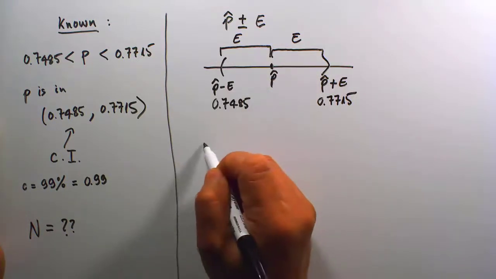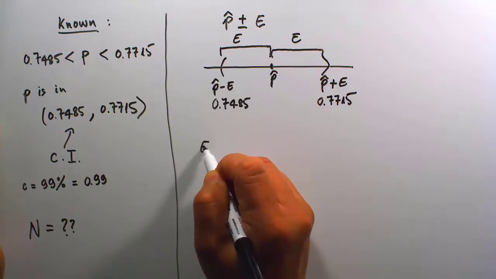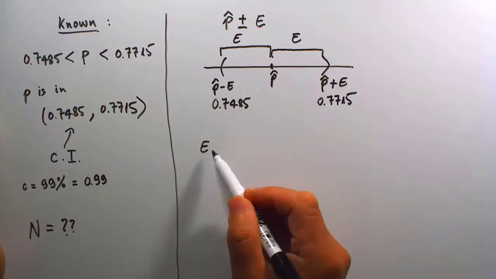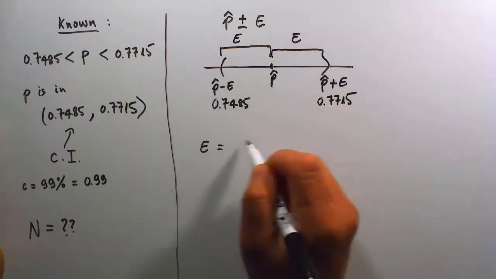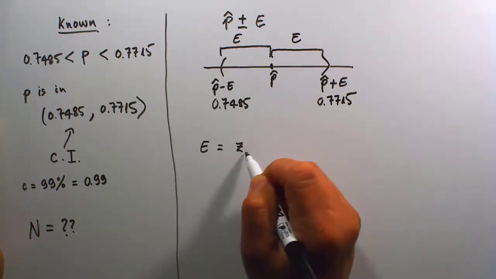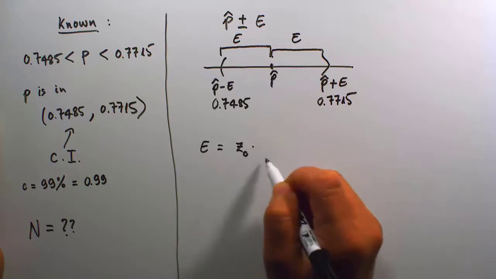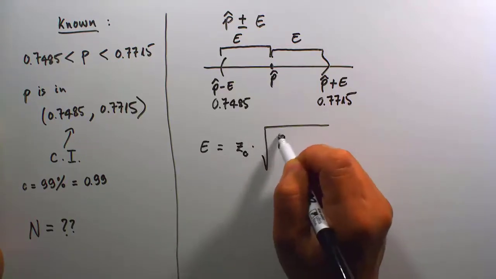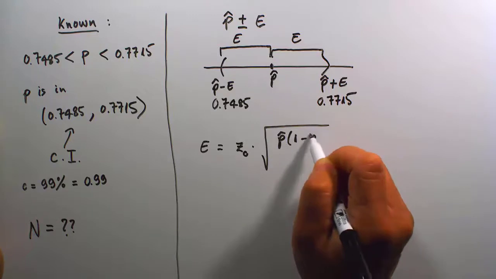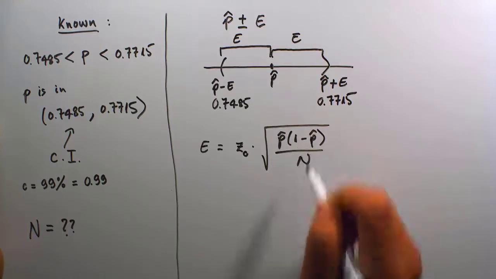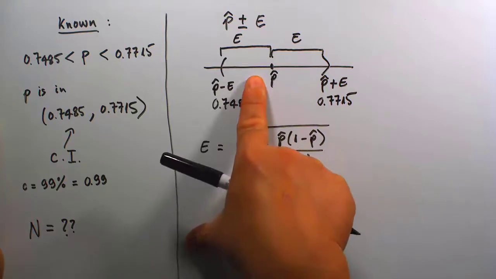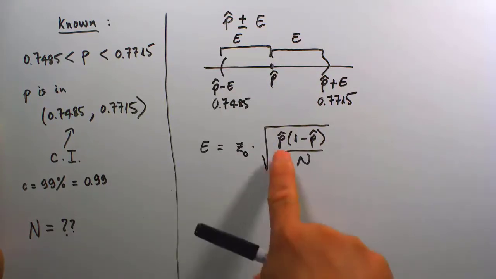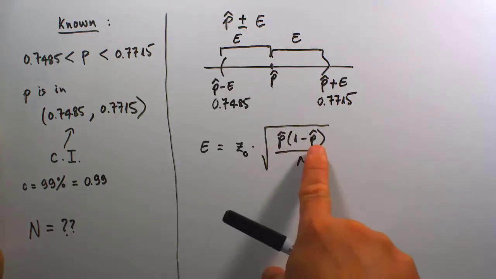So in this problem, we cannot calculate the margin of error using the formula. Remind yourself, for margin of error we used to have the formula z sub c multiplied with the square root of p hat times 1 minus p hat over n. But unfortunately, this formula is not applicable in this problem because we do not know what the p hat value is.